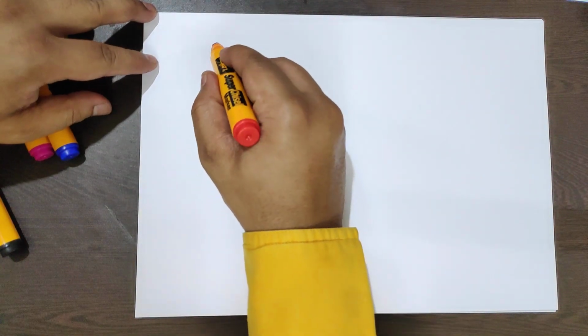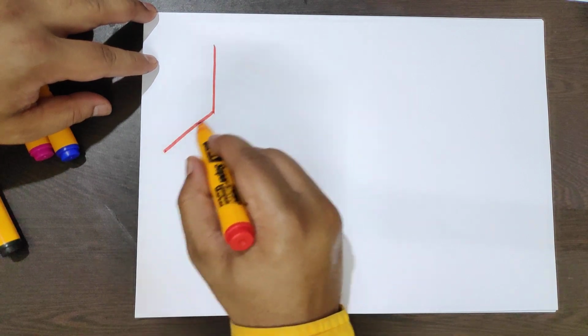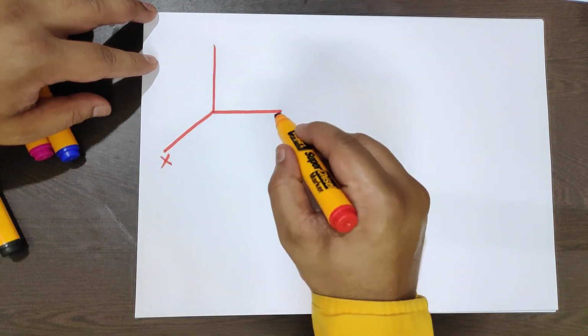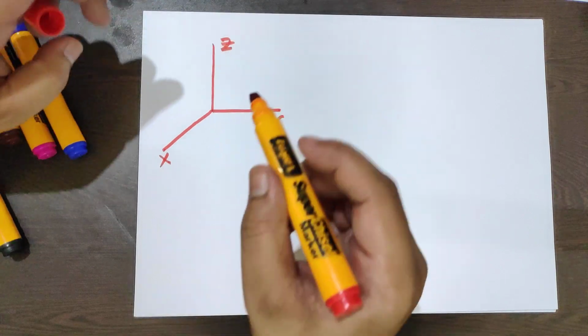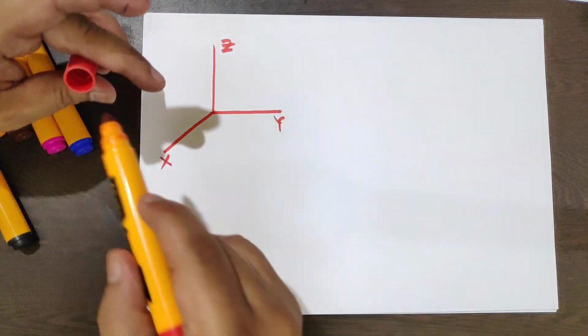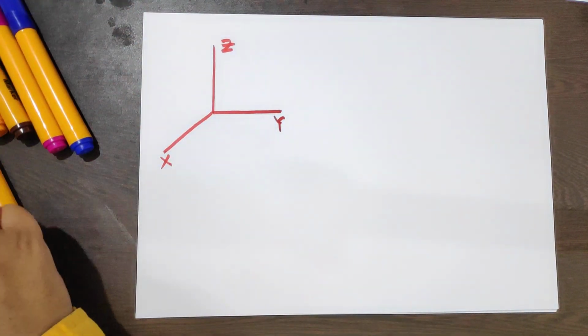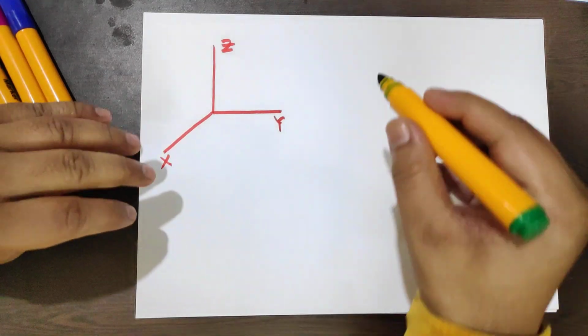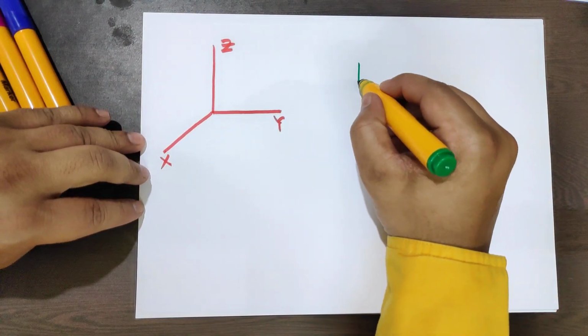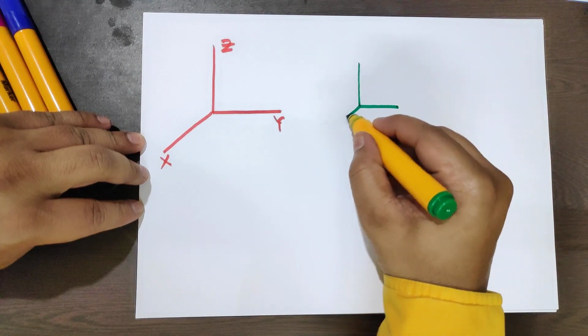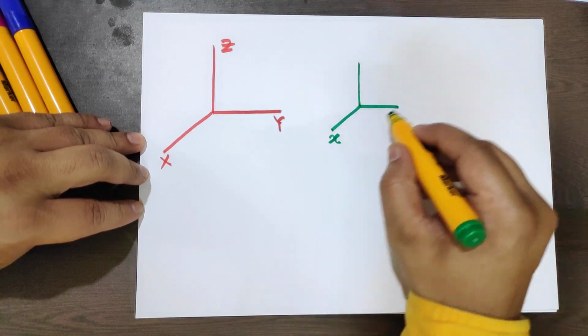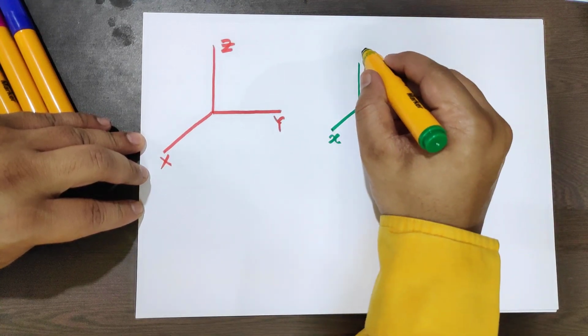Right, so this was the ground frame, capital X, Y, Z, and small x, y, z is the moving frame. We can take it parallel or may not take it parallel. Just for the time being we are taking it like this.